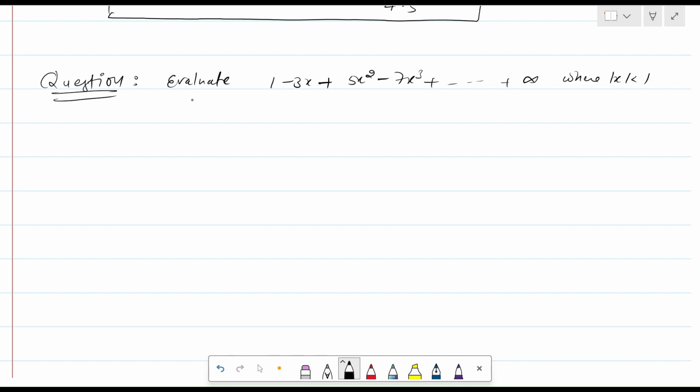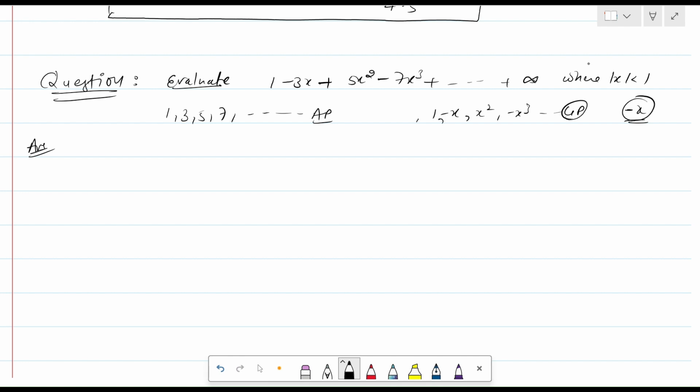So clearly we can see that 1, 3, 5, 7 and so on are in AP and 1, minus x, square, minus x cube are in GP with common ratio minus x. Okay. So now we have to find the sum up to infinite terms where x is less than 1.